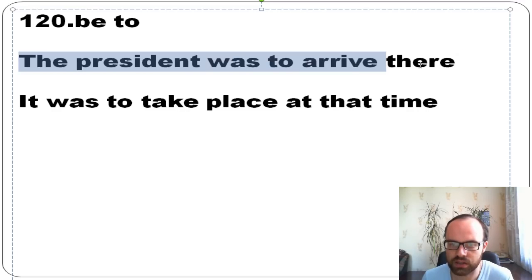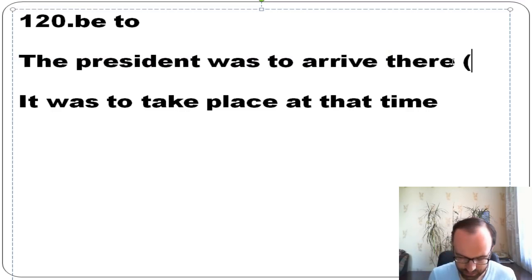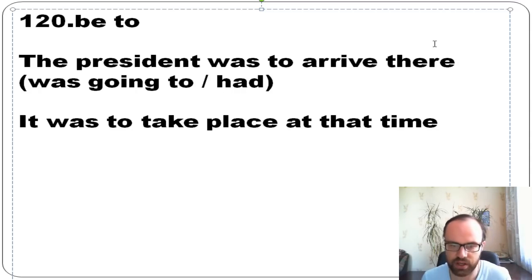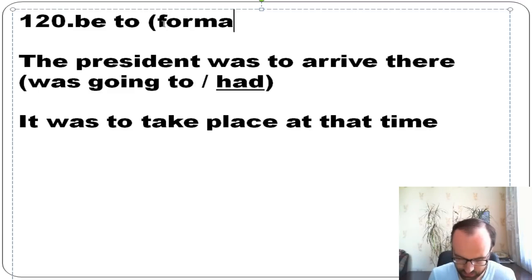It means that he was going to arrive, or had to arrive. So it means must or have to, but it's formal. The president was going to arrive there. The president had to arrive there, but it sounds formal.